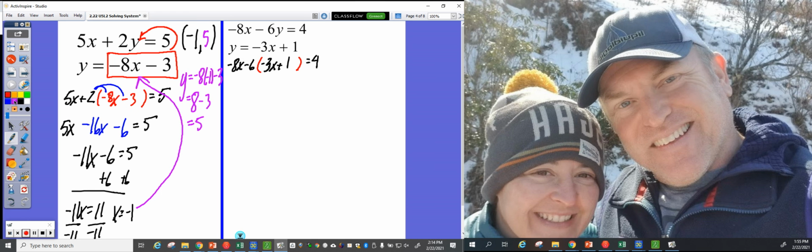What are we distributing? The negative 6, good. So negative 6 times negative 3x gives me a positive 18x. Negative 6 times positive 1 is negative 6. We have the negative 8x and the 4.